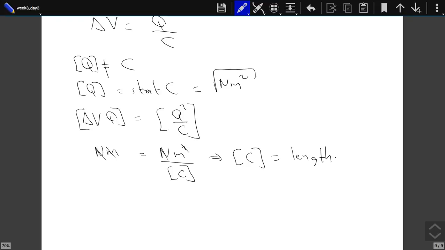The proportionality constant will depend on your unit. In this system of units, it's just 1. In some other system of units, it will contain, let's say, 1 over epsilon zero or other factors of epsilon zero. In some other unit, the coefficient will be 1 over 4 pi or 4 pi. It's just a matter of units.